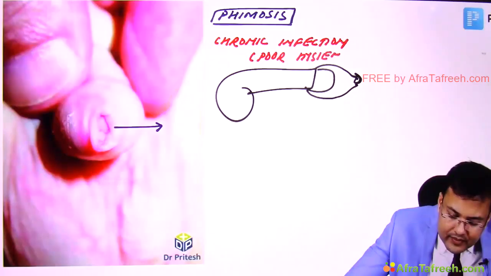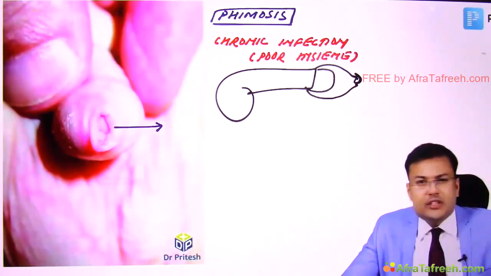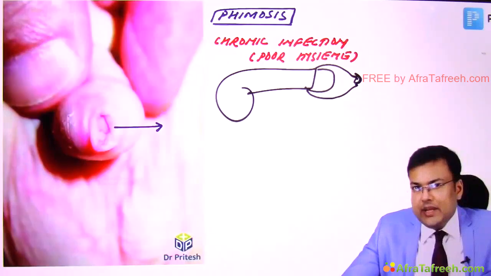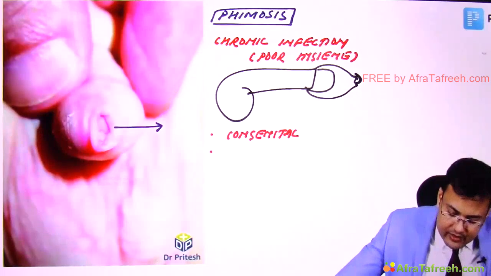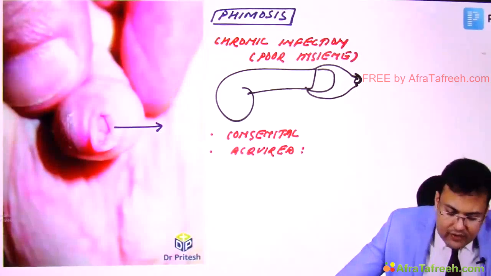Phimosis can be congenital or acquired. Congenital is seen in newborns and young children. What are the acquired causes of phimosis?